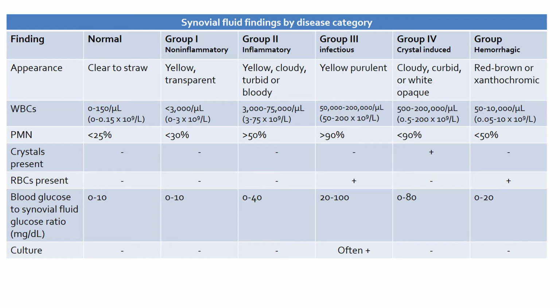Okay. Something else that might be seen, remember that not all joints are natural. We do have patients who have prosthetic joints, and those prosthetic joints may develop swelling around them either right after the surgery or down the line.